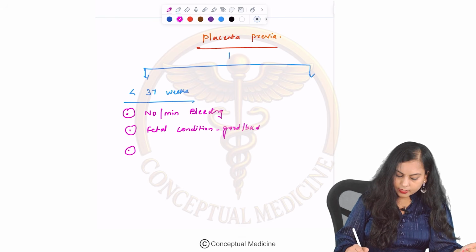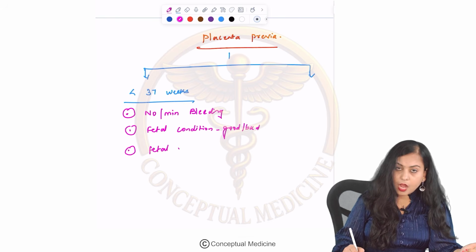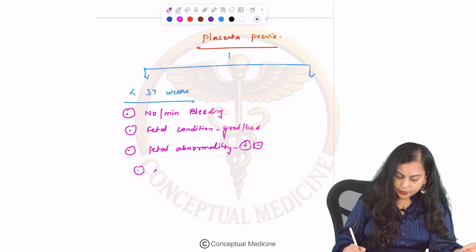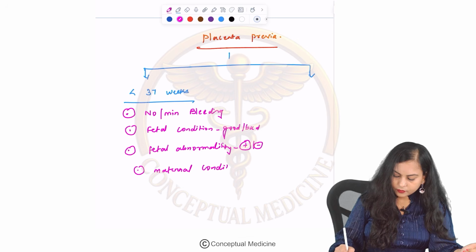Also check for fetal abnormality, either present or absent, and finally the maternal condition as well, which can also be good or bad.